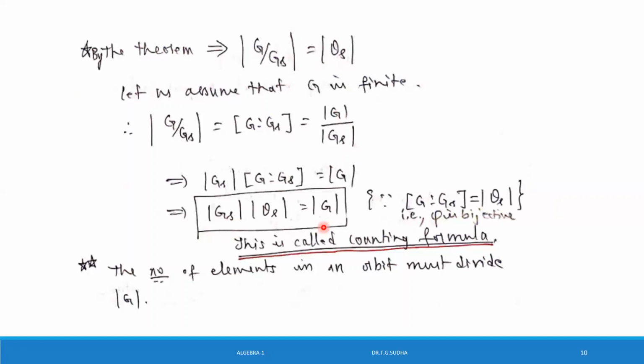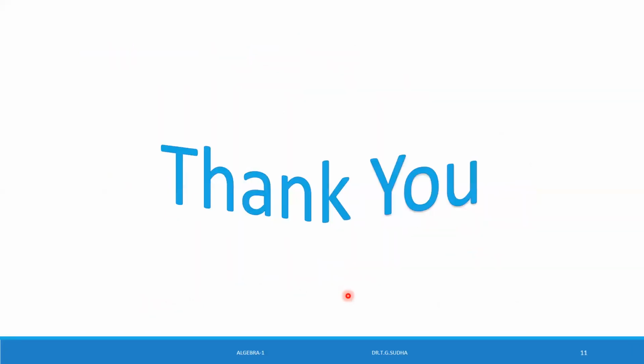And this expression is known as the counting formula. That is, the number of elements in an orbit must divide the cardinality of G. Likewise, we can say that the number of elements in Gs will also divide the cardinality of G. Thank you.